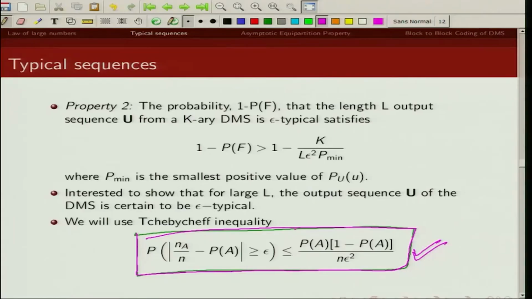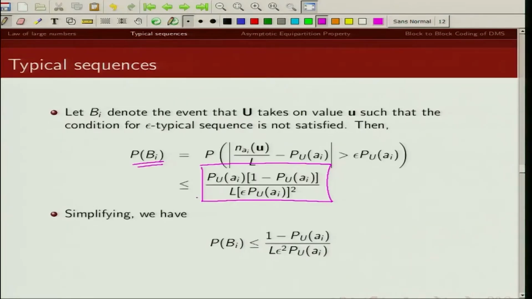Now when we plug into the expression that we have derived, the probability of this event Bi is given by P of Ai into 1 minus P of Ai divided by L epsilon square P of Ai square. After simplifying, one of the P of Ai cancels. So the probability of Bi is upper bounded by this quantity.